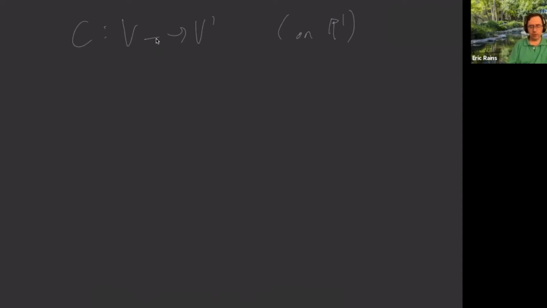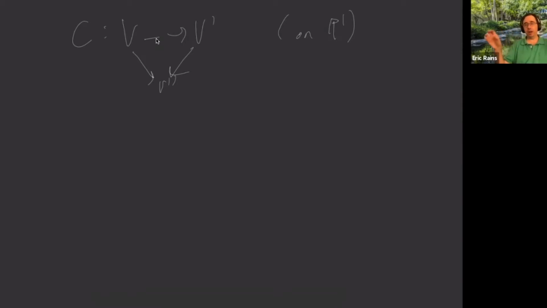So C is this rational map, and rational maps factor. So we can factor it through another vector bundle V double prime. And of course, there's a minimal thing here. We don't have to take it to be the minimal thing if we don't want to. Here it's actually very easy to say what the minimal thing is.